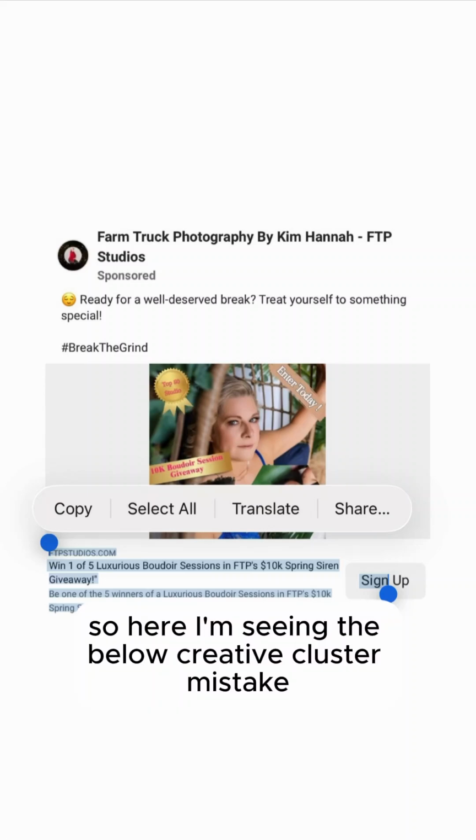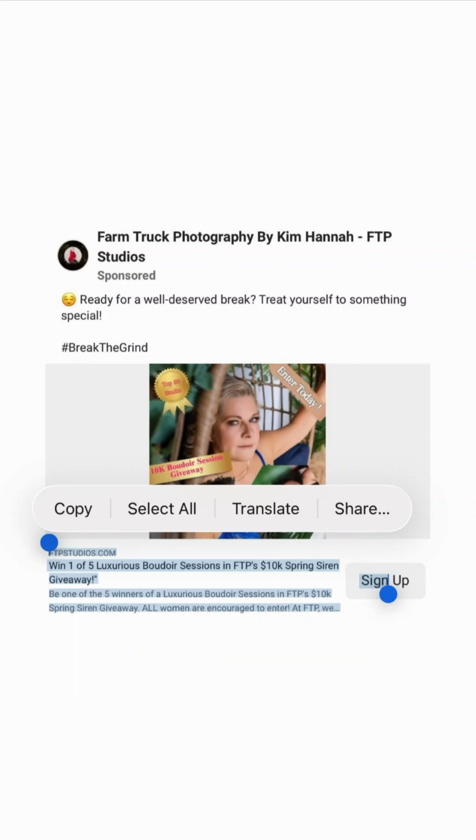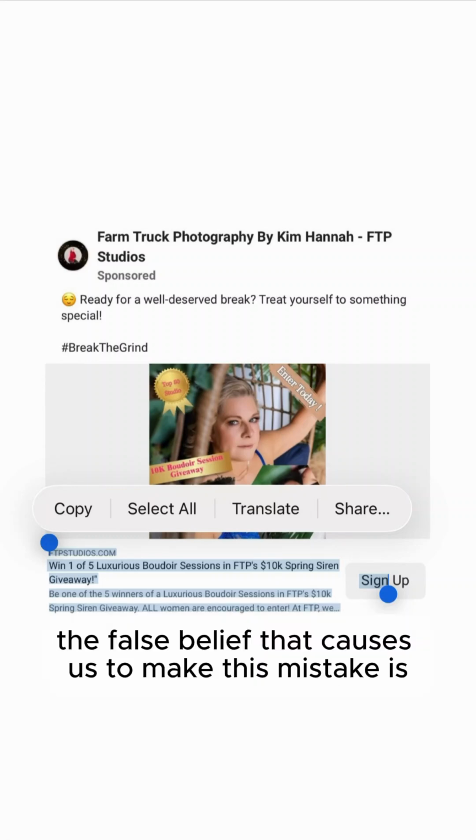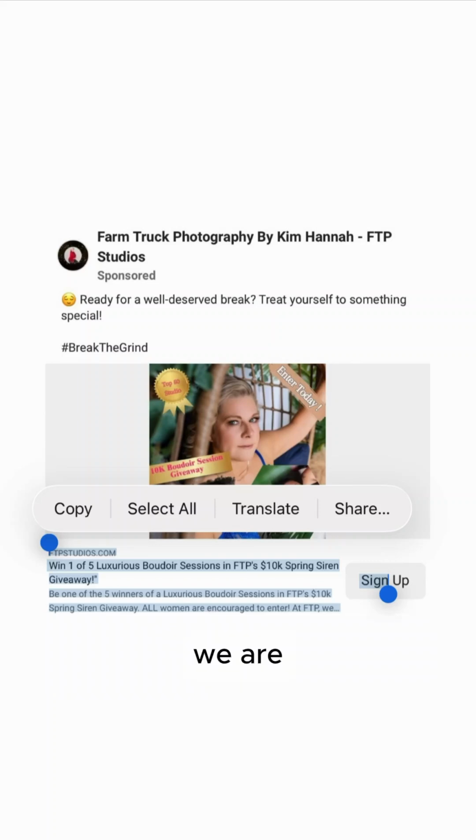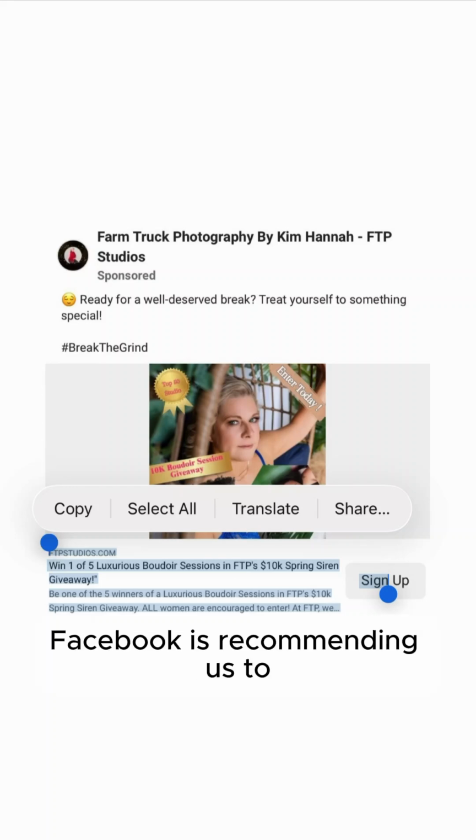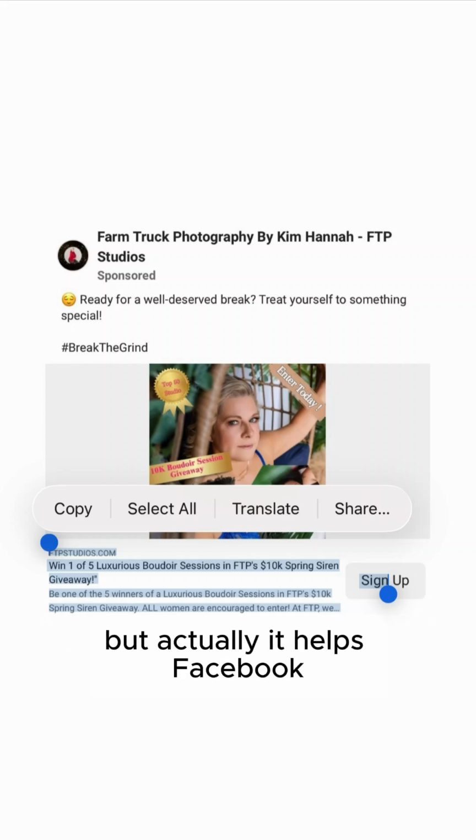Here I'm seeing the below creative cluster mistake. The false belief that caused us to make this mistake is that we're following what Facebook is recommending us to fill out when we create our ad. We believe it helps us, but actually it helps Facebook.